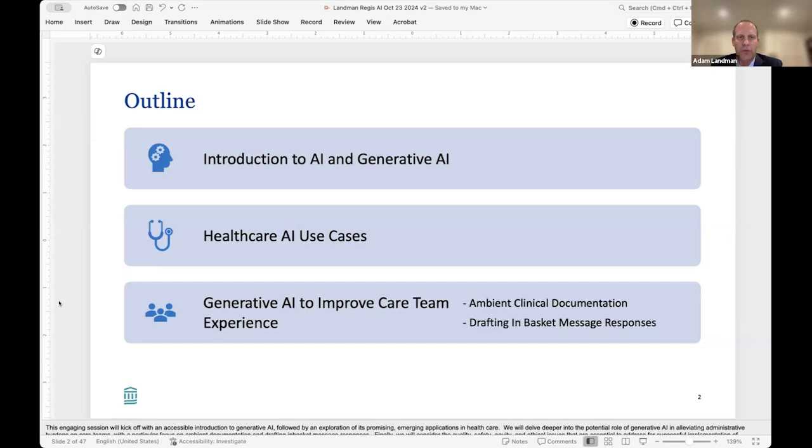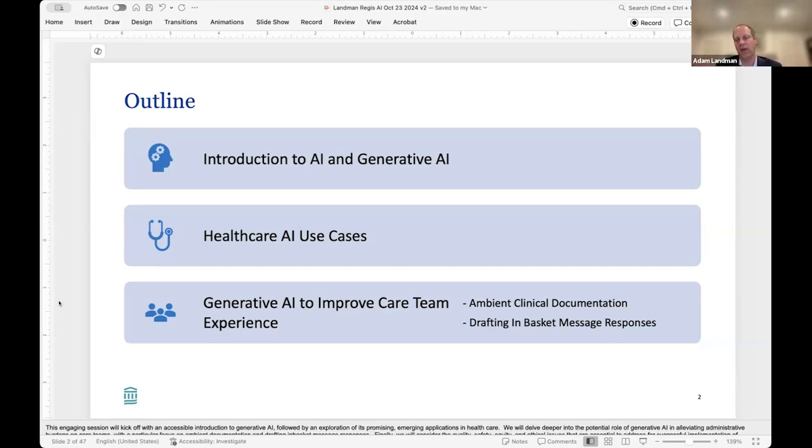I am going to give a quick primer on introduction to AI, and specifically generative AI. Some of you may know this, and I promise to move quickly through it, but I wanted to make sure we get everybody to the same level. Then I'll talk a little about the promise of AI in healthcare, and then go through 2 actual use cases that we're piloting.